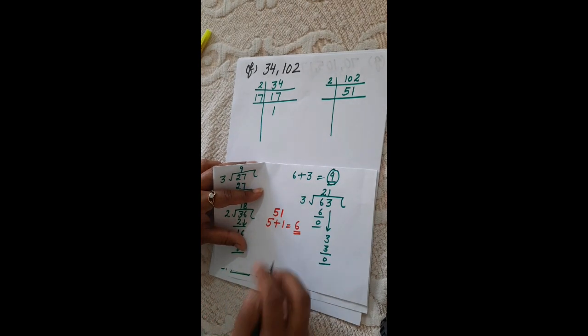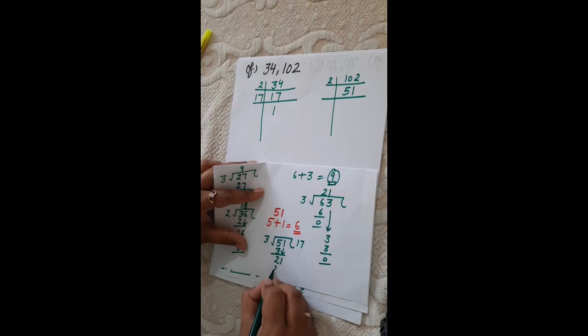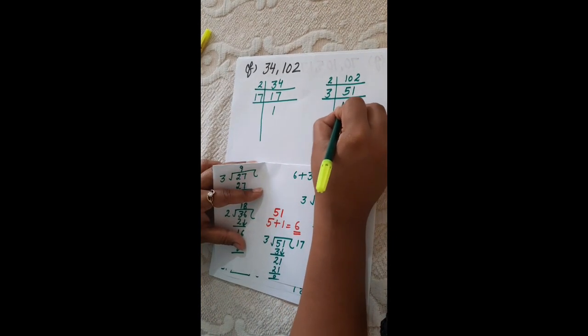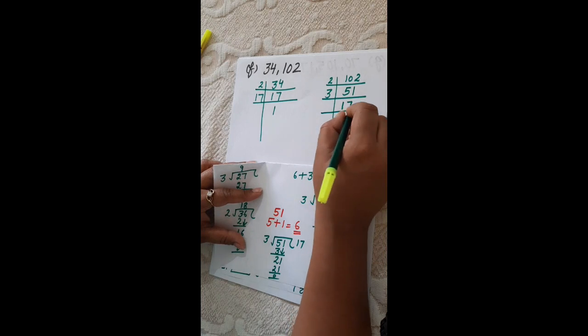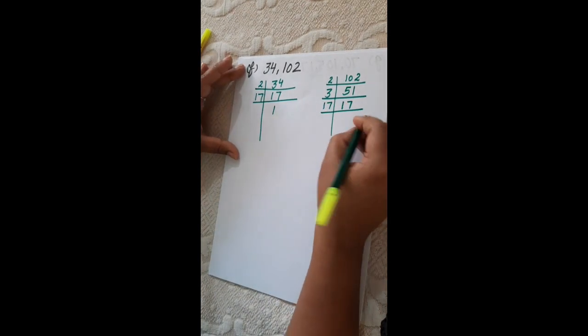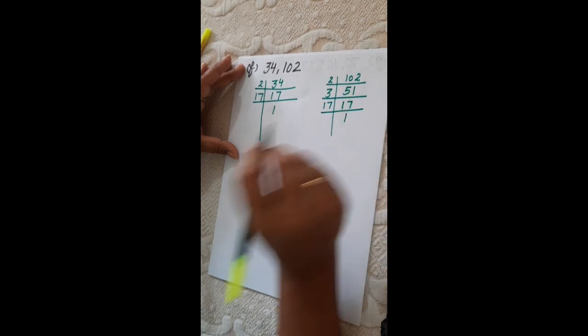So your step is to divide 51 by 3. So 3 ones are 3, you will have 1, so 3 sevens are 21. So divide 51 by 3, you are left with 17. We know that 17 is a prime number. It is a multiple of 17 only, divisible by 17 only.